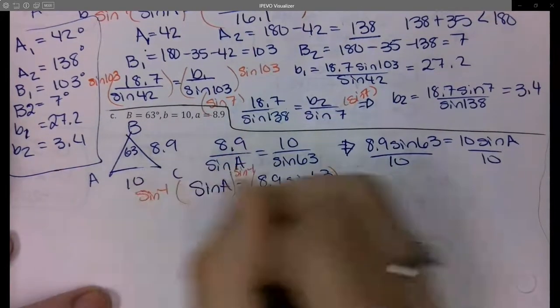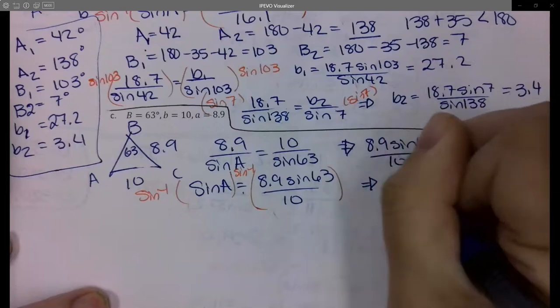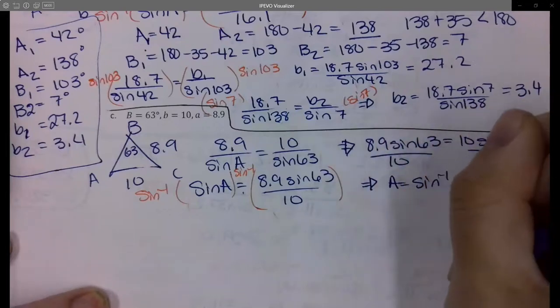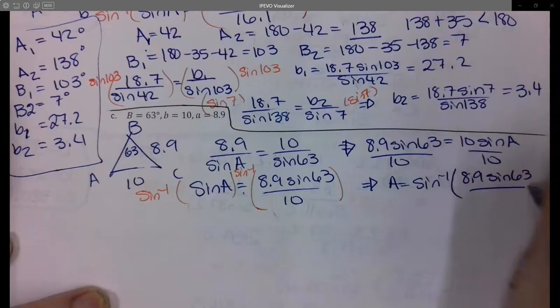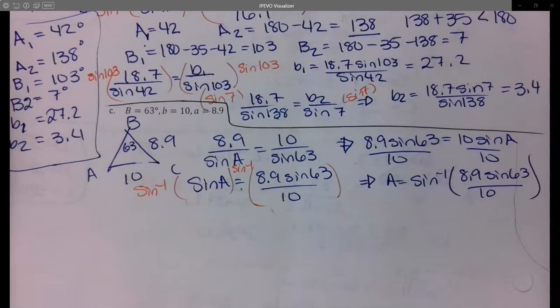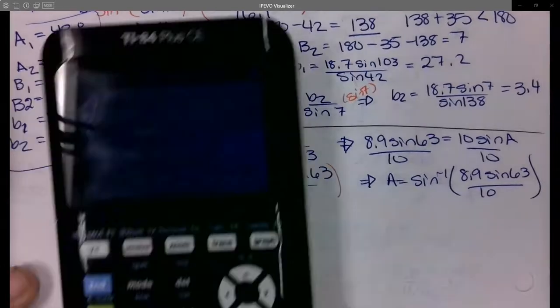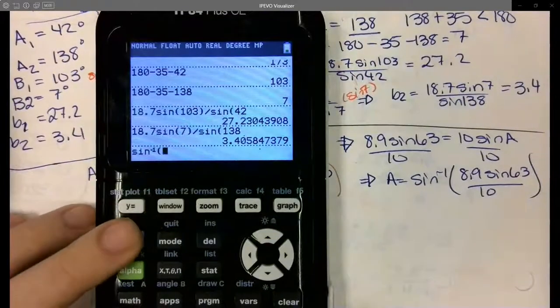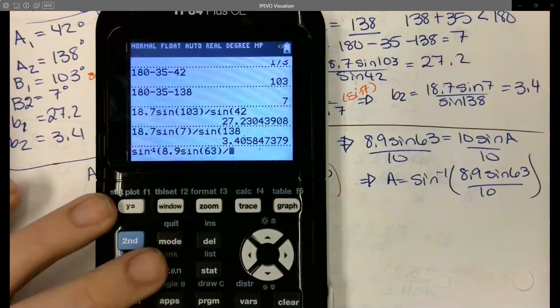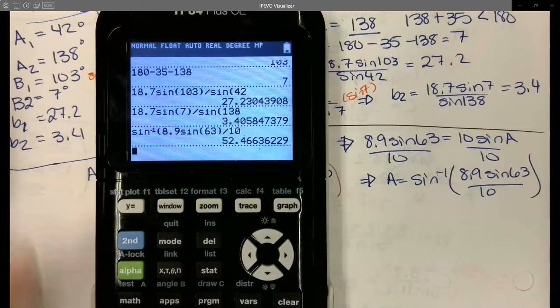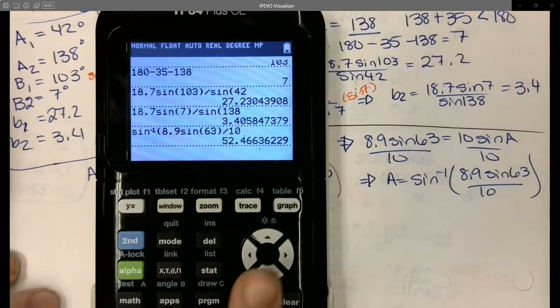So this is going to get me A equals sine inverse of 8.9 sine 63 over 10. Then I want to go ahead and type that into the calculator, which gets me, this one is an angle measure, so I want to round to the nearest whole number, 52.